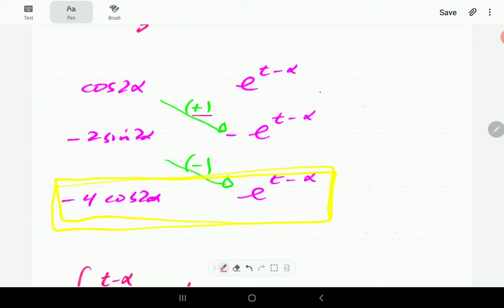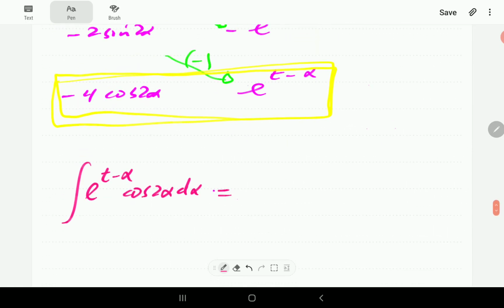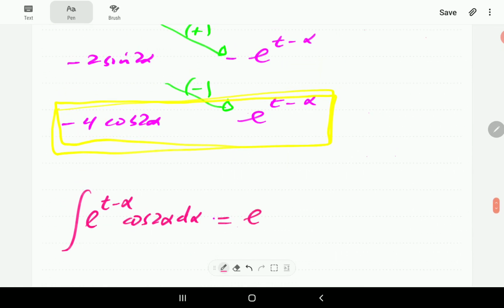So this one is negative and this one is positive. So we are going to have e to the t minus alpha.